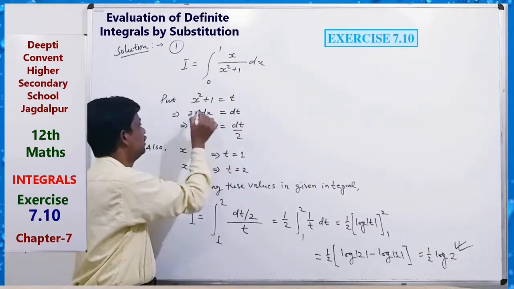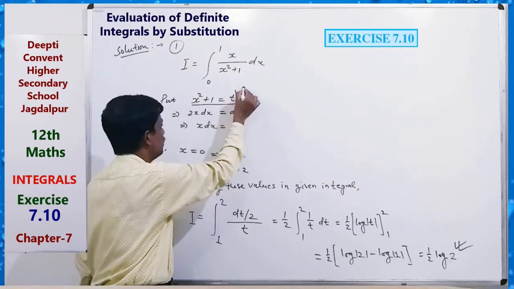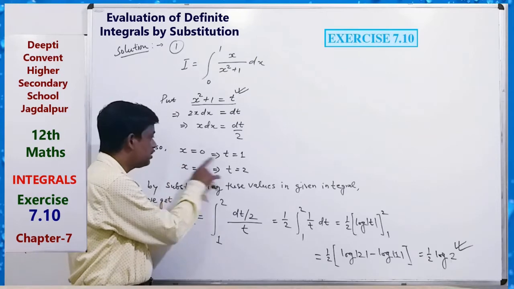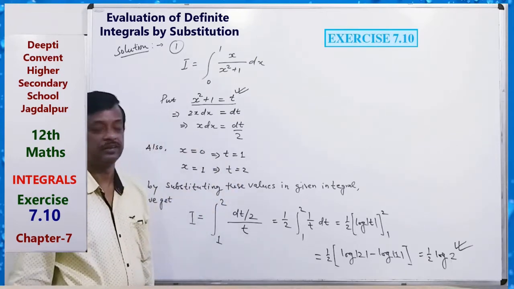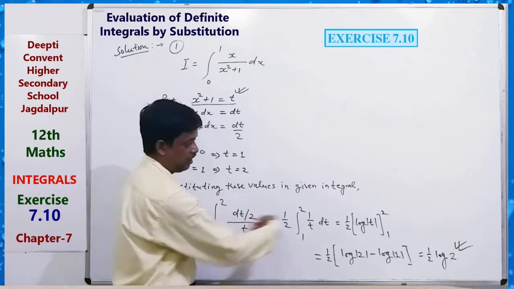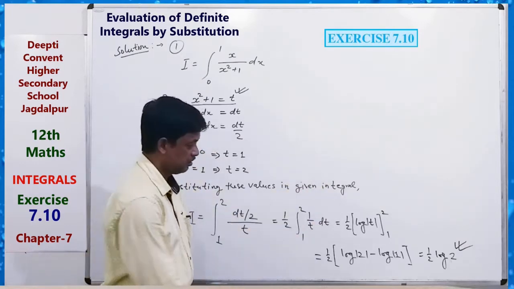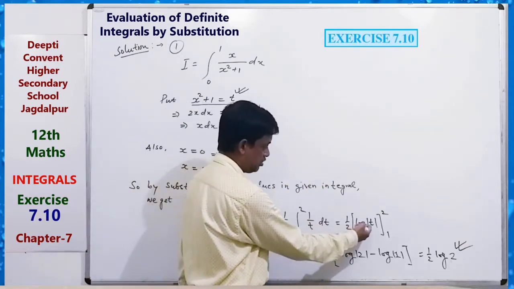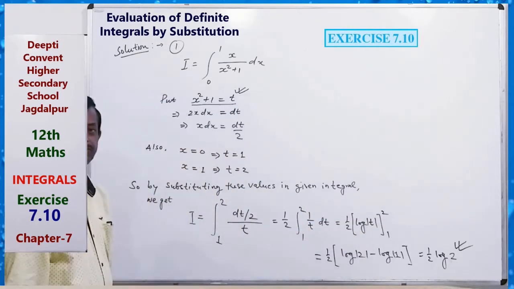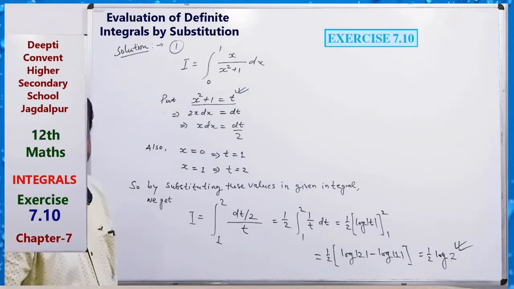For the new variable, you also have to find the limits. Then you can use these limits, and it is easily log t, so put the limits and you get the value. So this was question first.